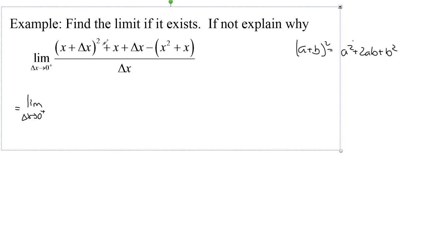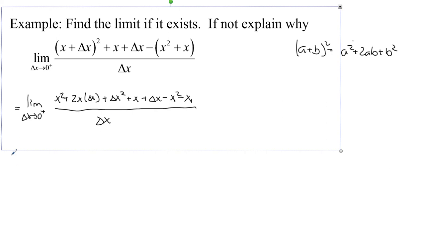Doing this square, I get x squared plus 2x delta x plus delta x squared plus x plus delta x minus x squared minus x, and I'm distributing the negative sign to both terms. So I have delta x on the bottom. And again, I haven't evaluated the limit, so I'm writing it.